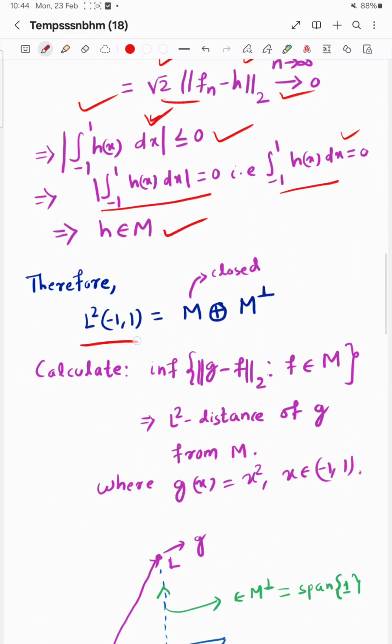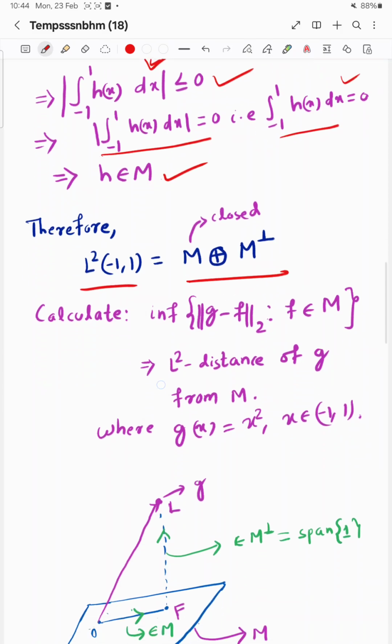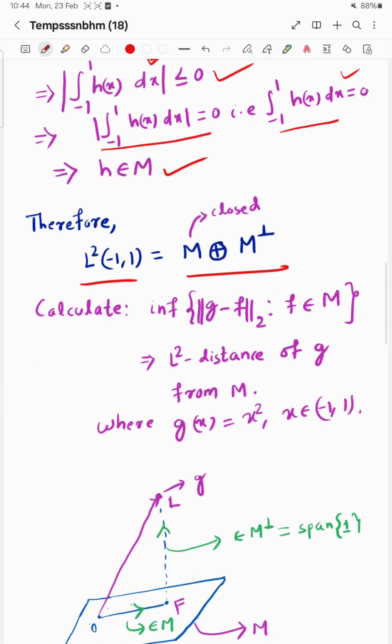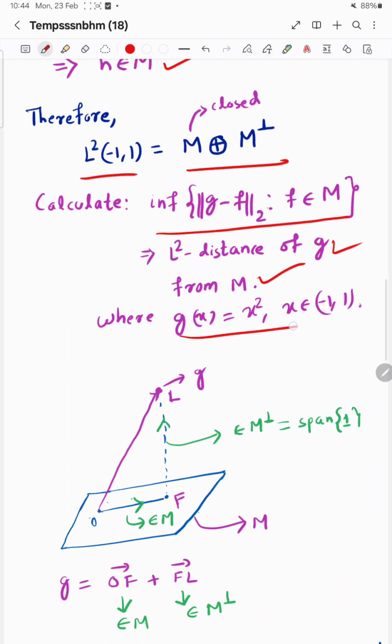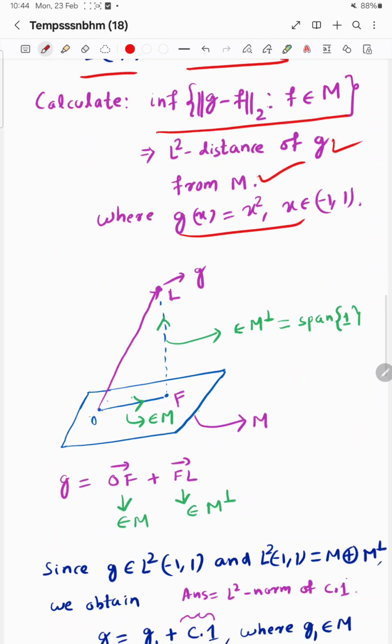Hence we can write this L2 space as the direct sum M plus M perp. And in my previous discussion, I have already told about this distance. This distance is the L2 distance of the function g from the set M, and g is defined in this way. So this is nothing but the projection.